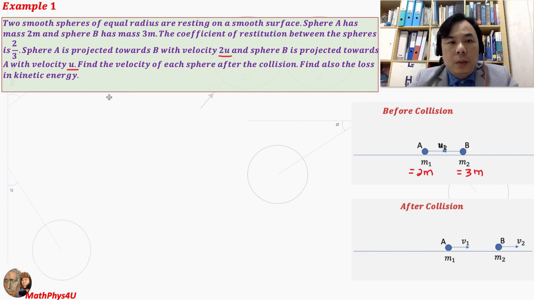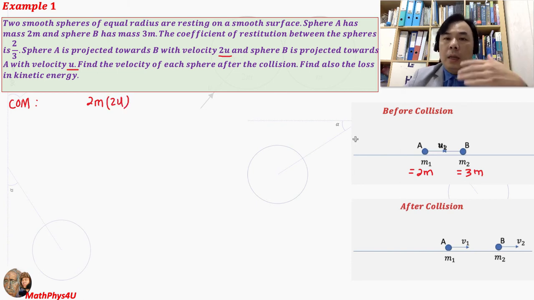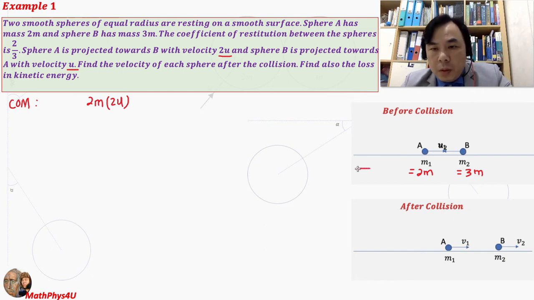All right. So by using conservation of momentum, I'm going to write it down as CoM here. So we can write that as projected with 2u, so that is 2m. Okay, again, don't forget whenever you apply conservation of momentum, we make assumptions this direction is considered as positive.